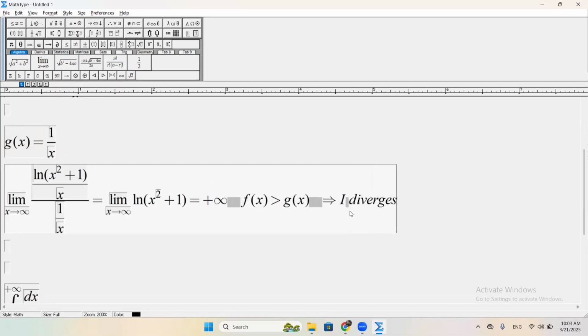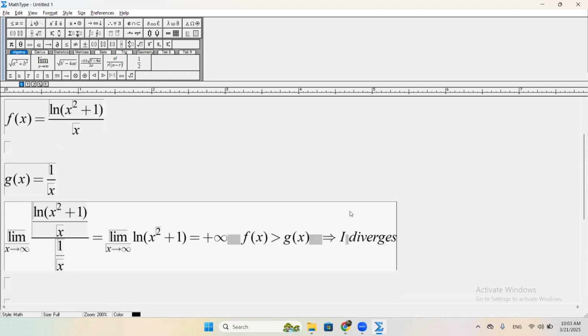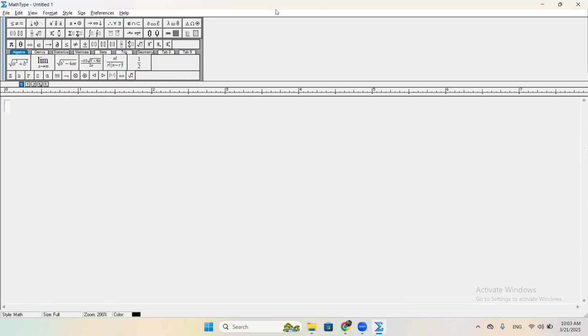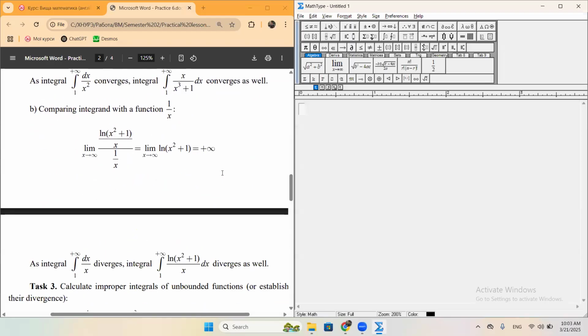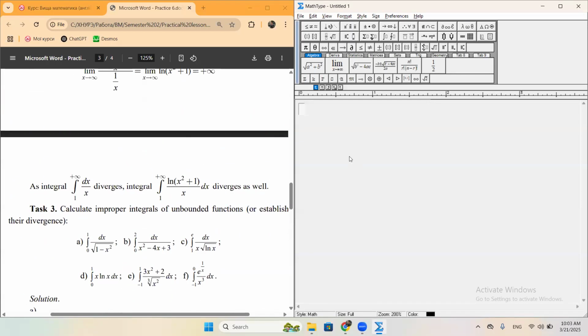So it's done. Any questions about this exercise? Okay, if no questions, let's move next to the improper integral of the second kind. An improper integral of the second kind contains singularity points.